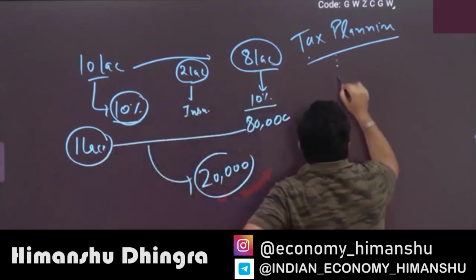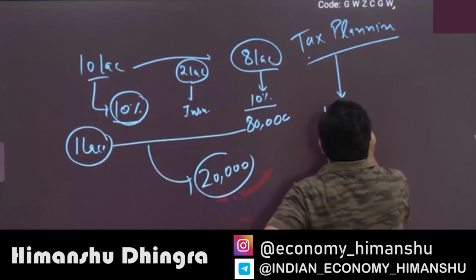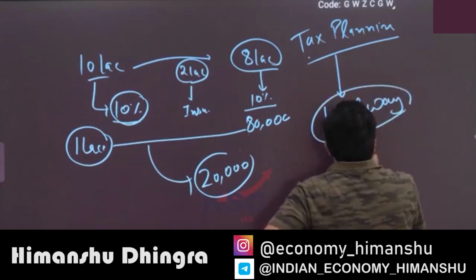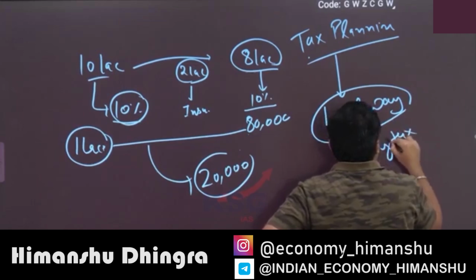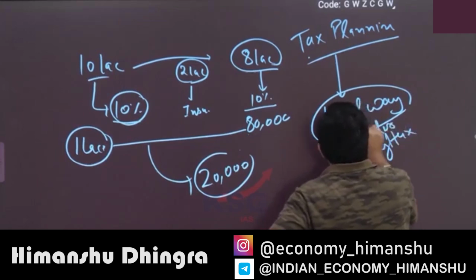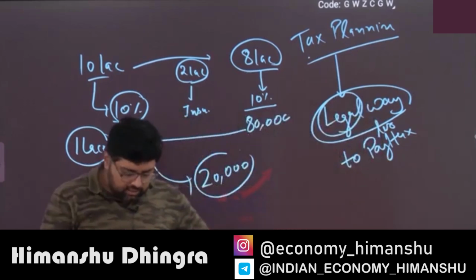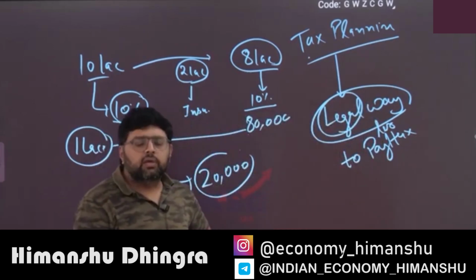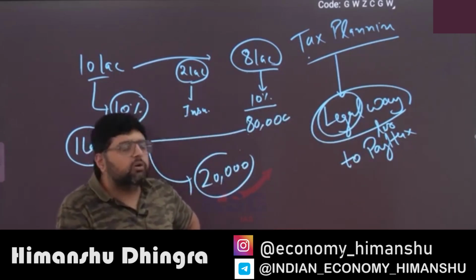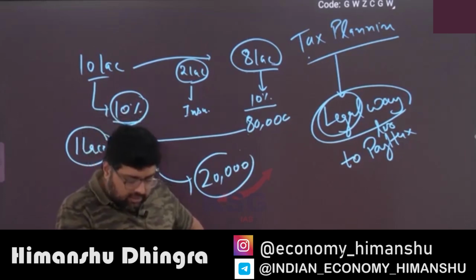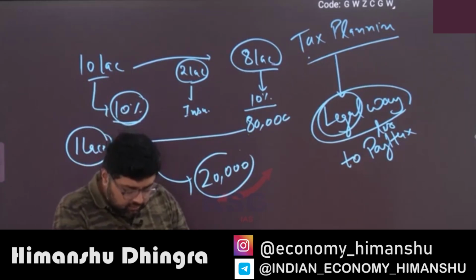This is the legal way to pay less tax. So it means it is legally allowed by the government that you can pay less tax. Is it clear, everyone? Please tell me.